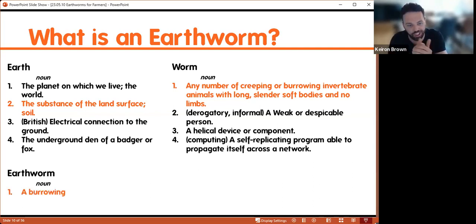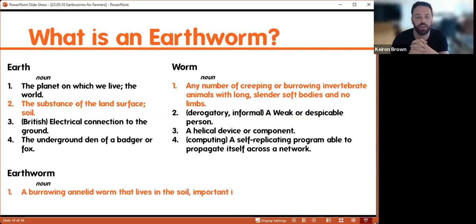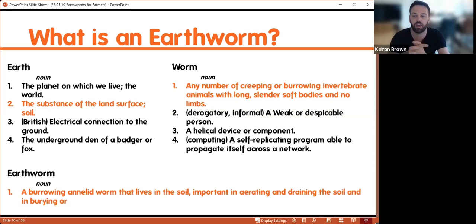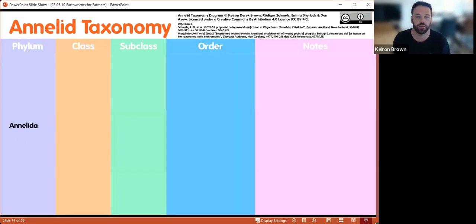Now, earthworm itself is a word, and if you look that up in the dictionary, you'll see it says a burrowing annelid worm that lives in the soil, important in aerating and draining the soil and in burying organic matter. So that term annelid, what does that mean? Well, I think it's important to understand where earthworms fit in the tree of life.